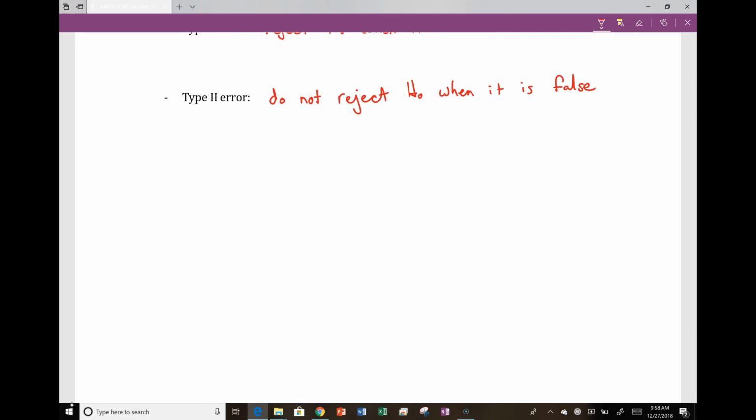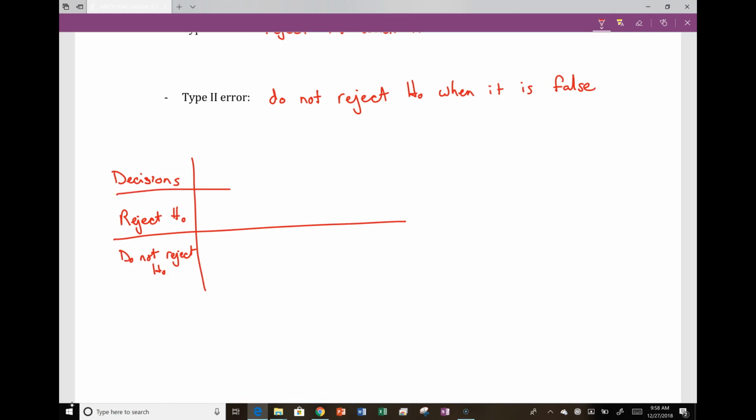Okay, so I'm going to look at our decisions, and we have the decisions to either reject the null hypothesis or do not reject the null hypothesis. So those are our two decisions that we can make.